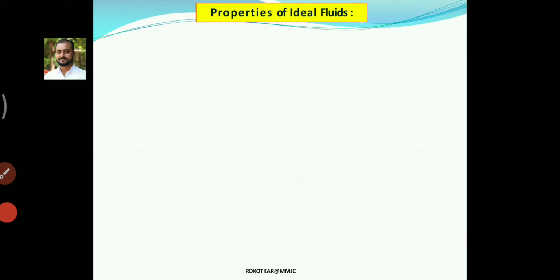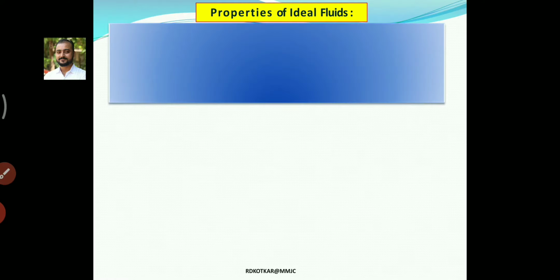Properties of ideal fluids. First property: it is incompressible, that is, its density is constant. If you take a bottle having a capacity of 1 liter, it is not possible to fill more water by compressing it inside that bottle. We cannot fill more water than 1 liter.